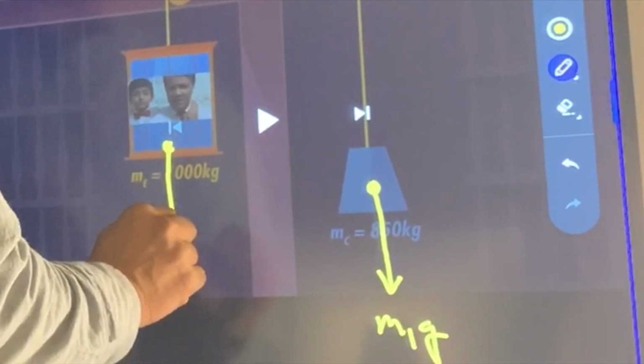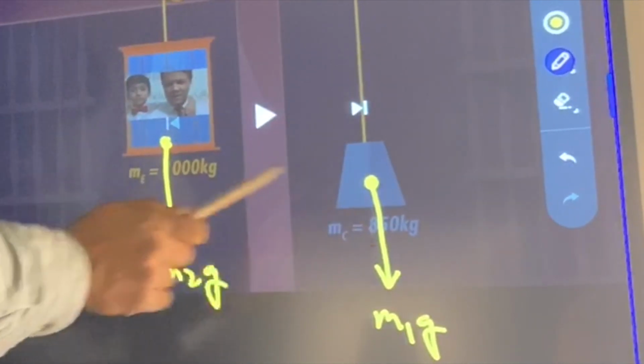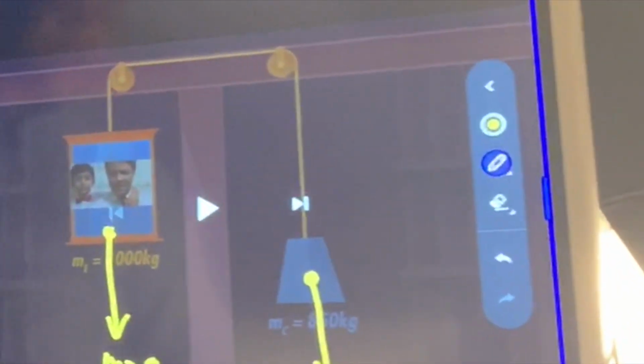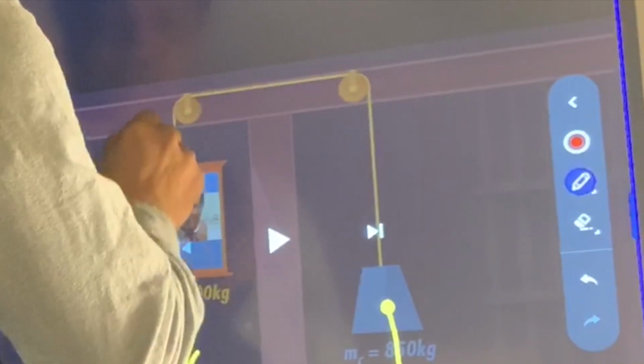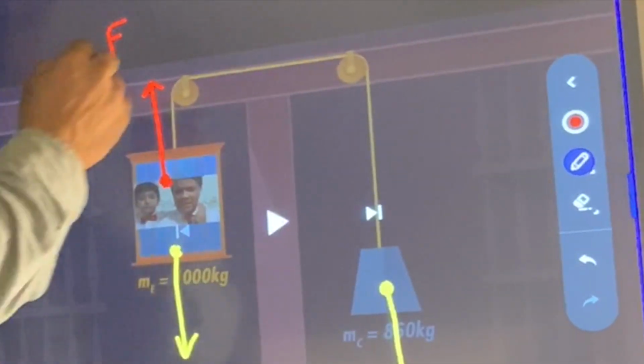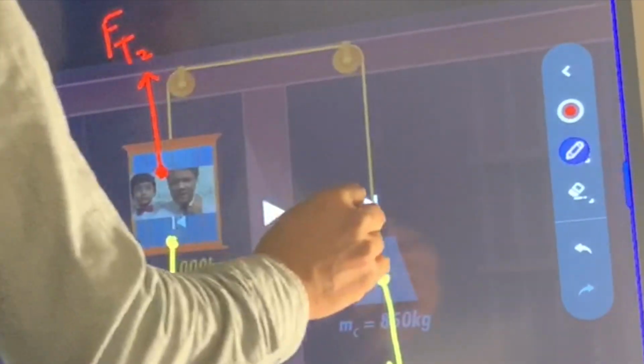This arrow is a little bigger than this arrow because this one is 1000 kilograms and this one is 850 kilograms. This is FT2 and this one is FT1.